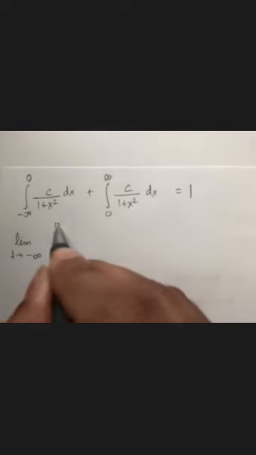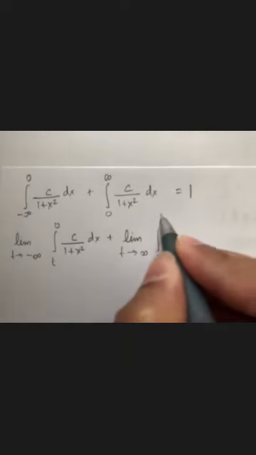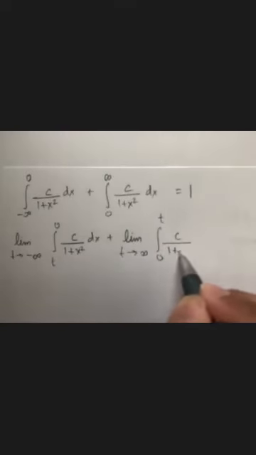We have to change it into limit definition. Now, if you remember the antiderivative rule, c is constant, and we have dx over 1 plus x squared.